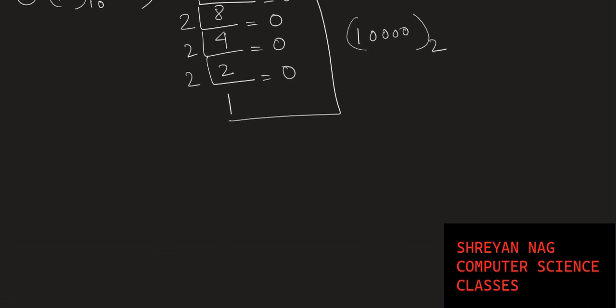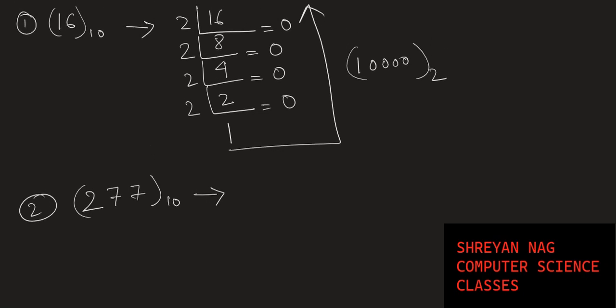Let us take another example to understand a little bit more. Suppose 277 base 10. Let us convert it.